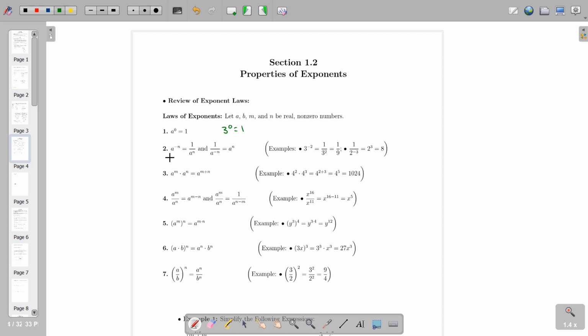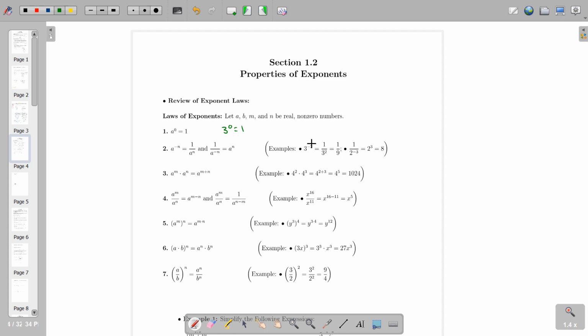And then if I have a number raised to a negative power, or a variable for that matter, then that's the same as 1 over that number or that variable to the opposite of that. So this rule number 2, I like to think of as if you switch the level of where your factor is at, whether it's on the top of a fraction you want to move it down, or on the bottom of a fraction you want to move it up, that changes the sign of the exponent.